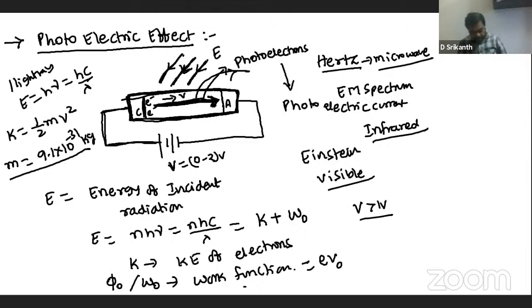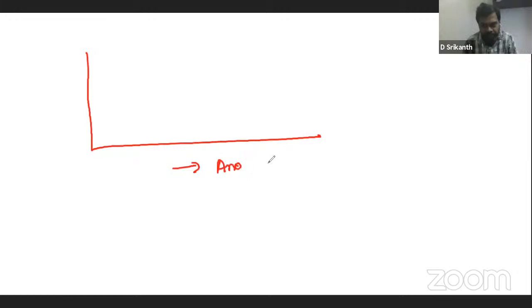Now, here we have the graph. On the x-axis we have anode potential V, and on the y-axis we have the photocurrent. When the anode potential is zero, we have a photocurrent.